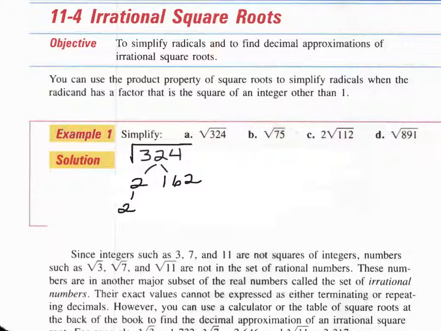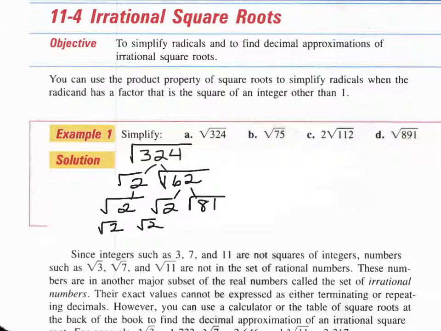I'm going to keep breaking it down. Now, notice this has a radical. So each one of these factors is still under the square root symbol. Same thing here. I could divide this by 2 again, and I could get 81. The 2's prime, so I would keep breaking them down or bringing them down. And then if you realized 81 was a perfect square, you could square root it right then and there.